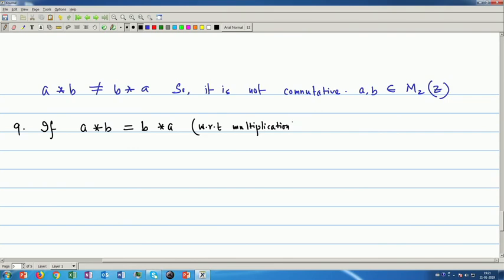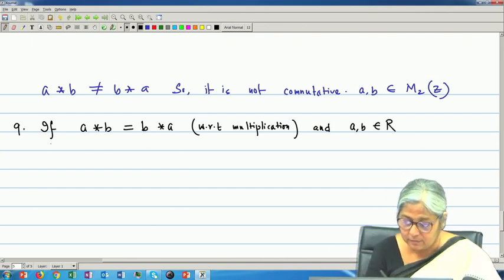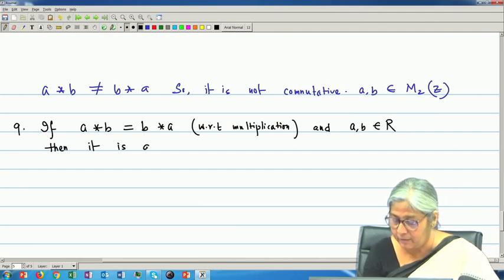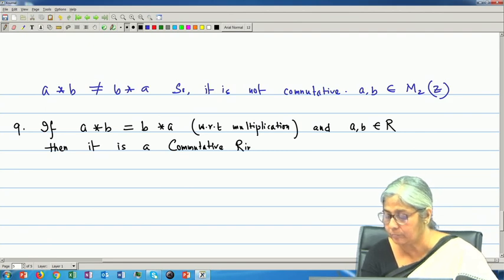And A, B belong to R, then it is a commutative ring.